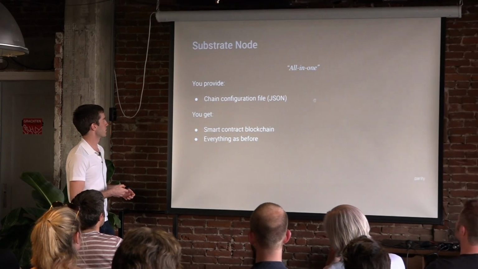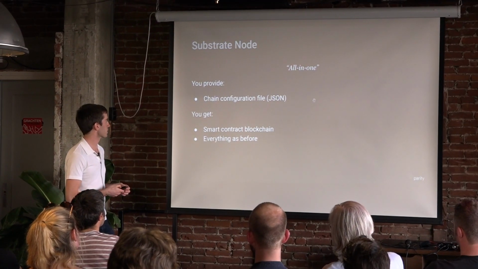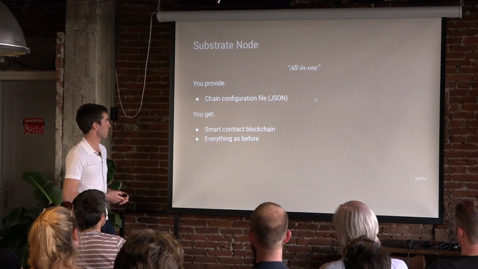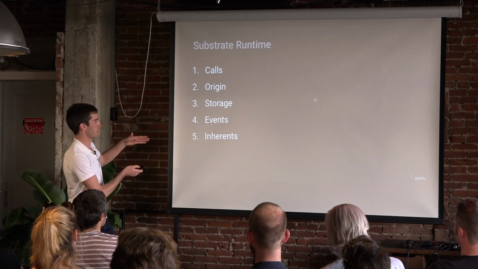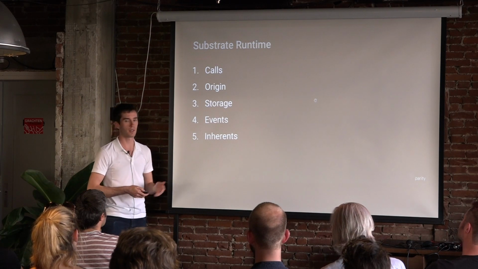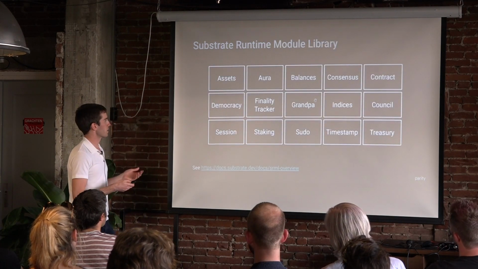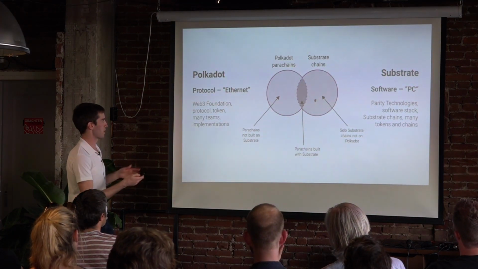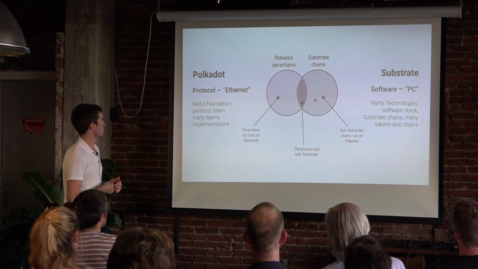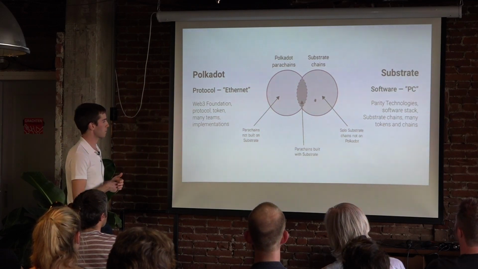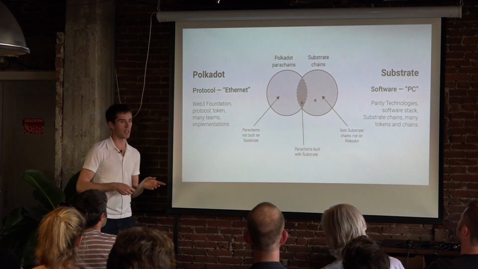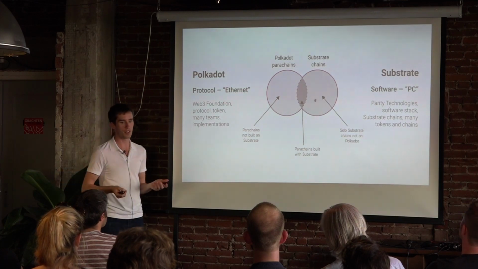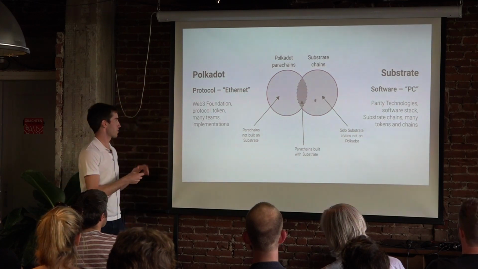Yeah, and then you get the node, which is just kind of a generic blockchain, but all of this stuff gets compiled into the node. So yeah, I think that was it. Oh, and then Polkadot versus Substrate. Polkadot is a protocol. You don't have to build parachains with Substrate. It's the easiest way to, but Polkadot is just a protocol.